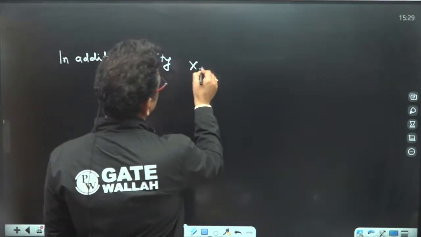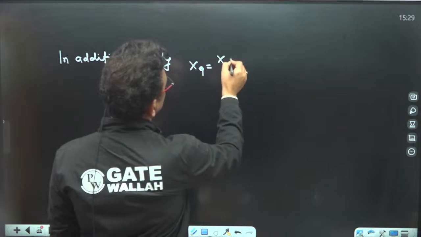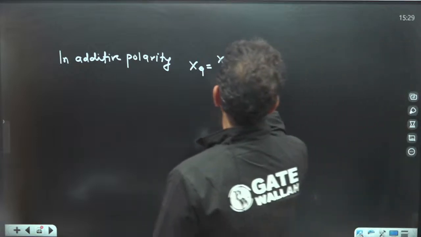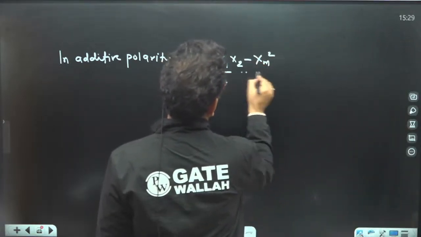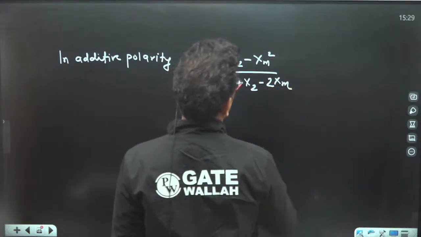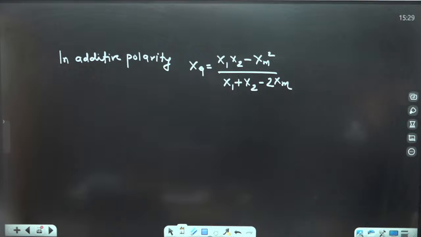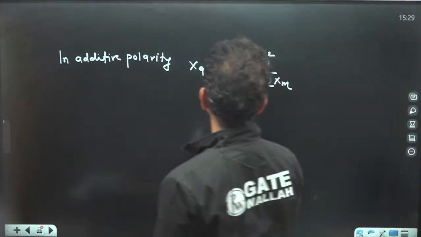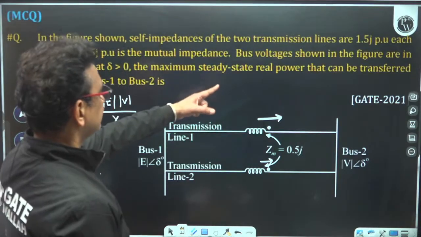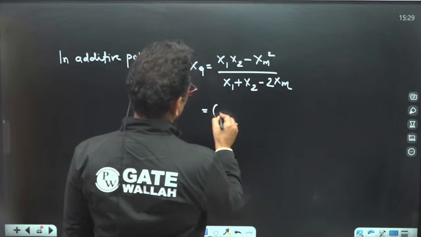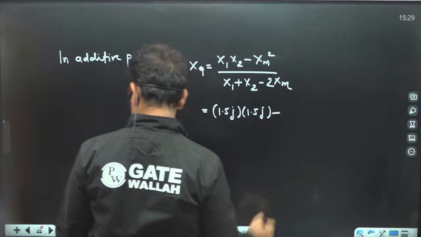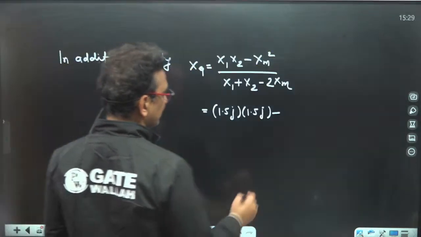What is the X equivalent? Formula is x1 x2 minus m square divided by x1 plus x2 minus 2xm. For subtractive polarity, this minus would be replaced by plus. So x1 x2 are 1.5 j, 1.5 j, xm is 0.5 j.